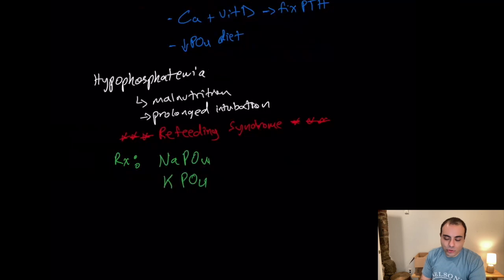The only reason you would use K-phos, potassium phosphate, instead of sodium phosphate is if somebody is also hypokalemic and you're trying not to give them too much fluids. So then you would use K-phos, then you will kind of target both at the same time. But in general, sodium phosphate would be the treatment of choice for hypophosphatemia.